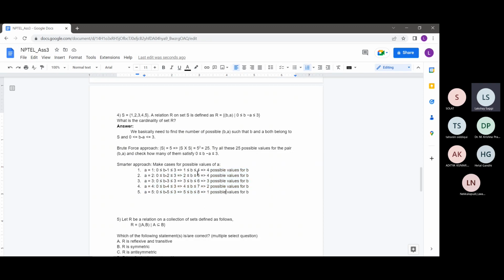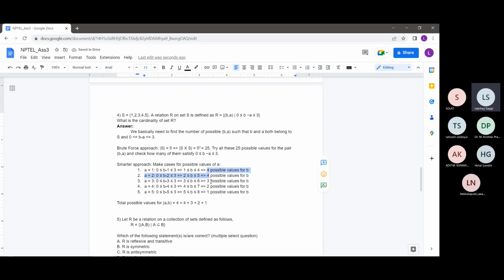So the total possible values for A comma B is the sum over all these cases, which is 4 plus 4 plus 3 plus 2 plus 1. I hope this counting argument is clear, guys.